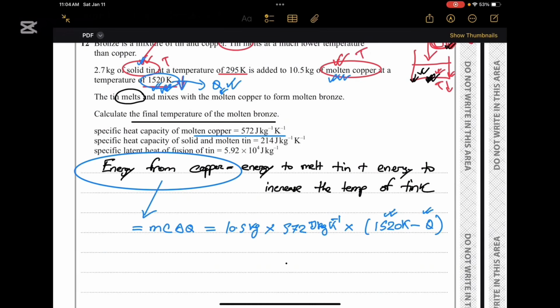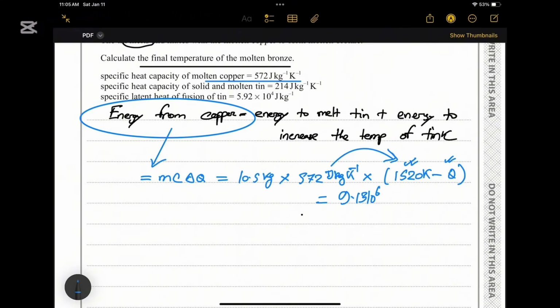This is the value that comes. If we equate them, we will get a value like 9.13 into 10 to the power 6. If we multiply these two values and then it with this value, this is the theta.